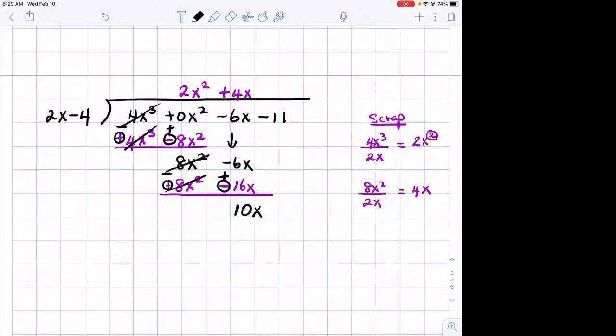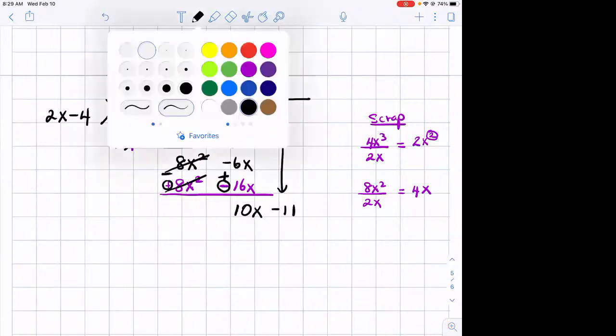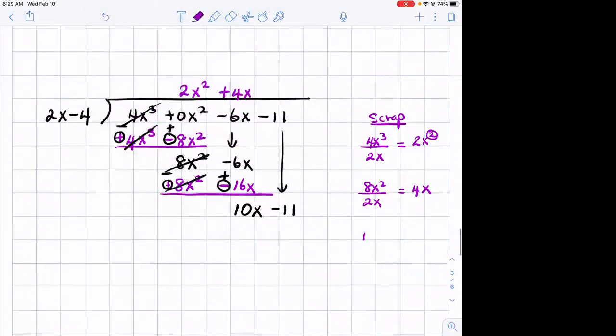And now before you do anything, don't forget you have to bring down. And then we do our scrap work again. So we have 10x divided by 2x, and that becomes 5. The x's will cancel out. So we have a plus 5 here.